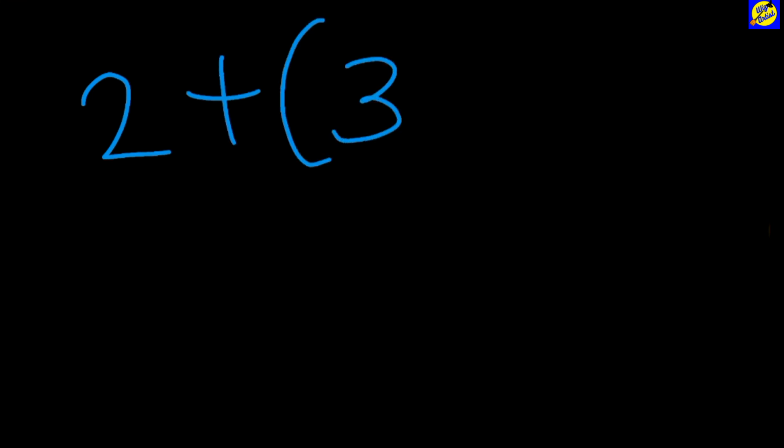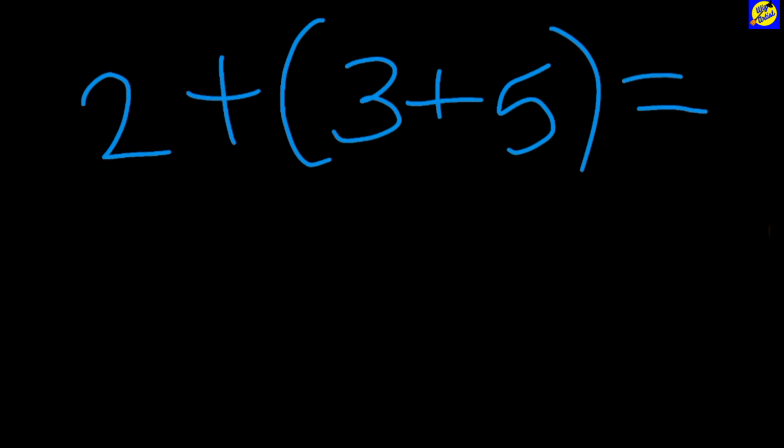If you take the addition example, now remember you have to take the example with only addition. No other operators should be included in it. So if you take this addition problem, suppose let me take 2 plus (3 plus 5). First you're going to add 3 plus 5.